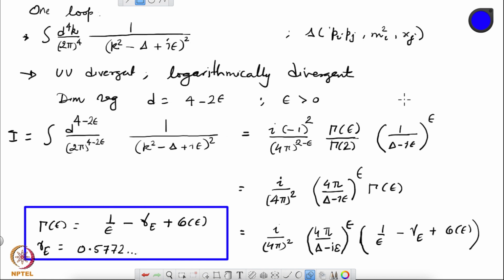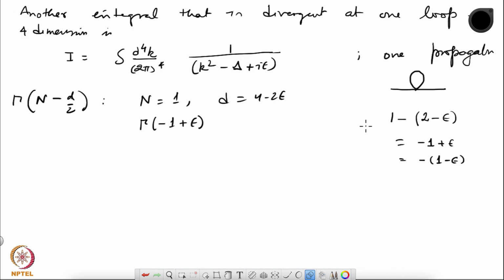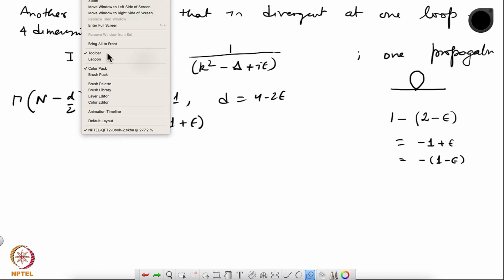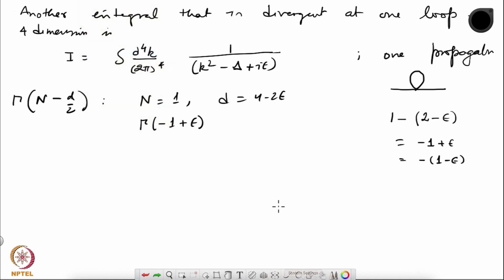Okay, good. So this is what I'm going to use now. And another very useful result that you should always remember is this: z times gamma of z is gamma of 1 plus z.